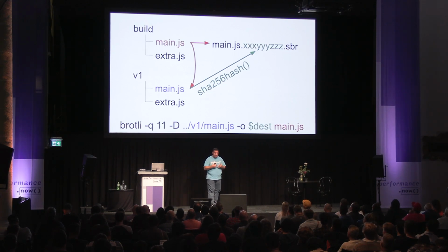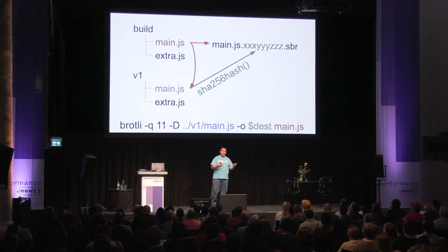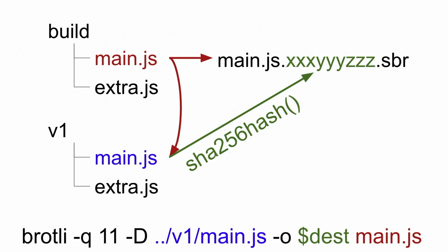In a static resource build environment, one way this could work, it's not the only way, is at build time, you get artifacts, main.js, other files.js, and you have the previous versions of your releases available somewhere where your build tools can reach them.